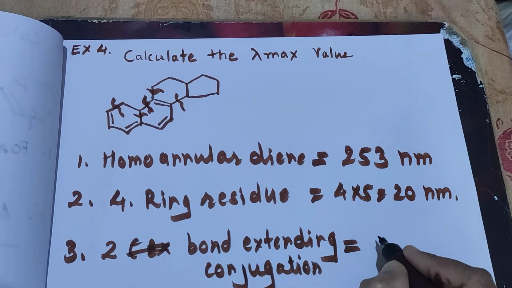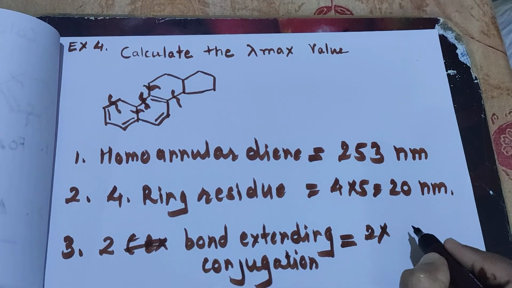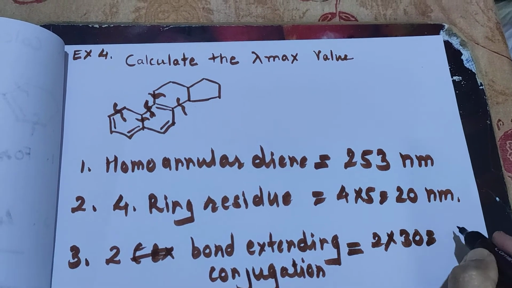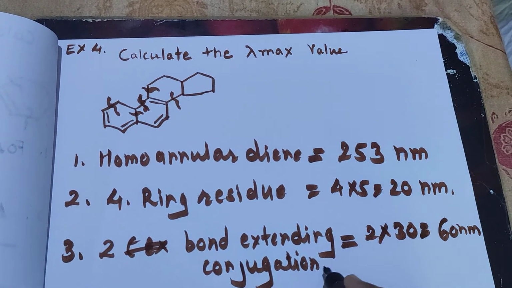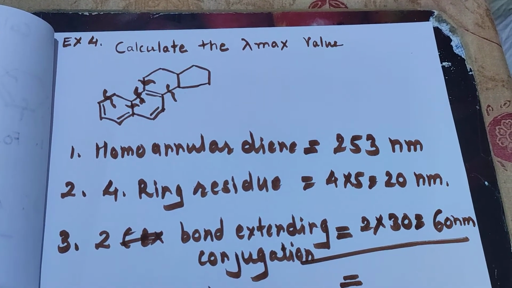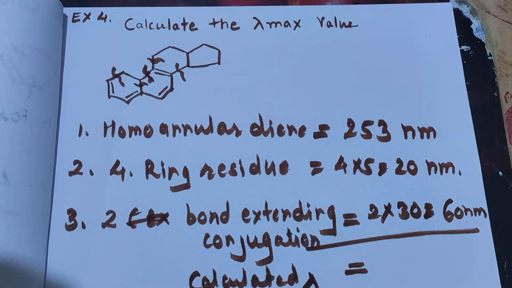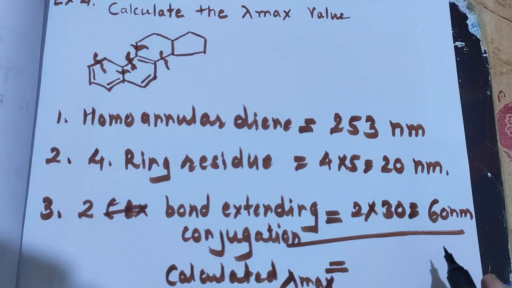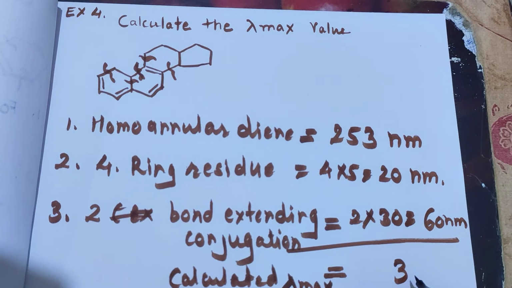And we know that for one extension of double bond or conjugation, the value is 30. So 2 multiplied by 30 comes out to be 60 nanometer. So the total calculated value comes out to be 3.